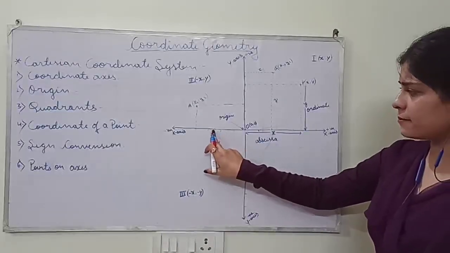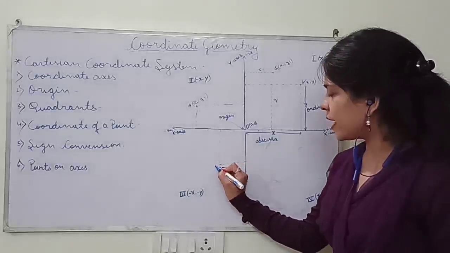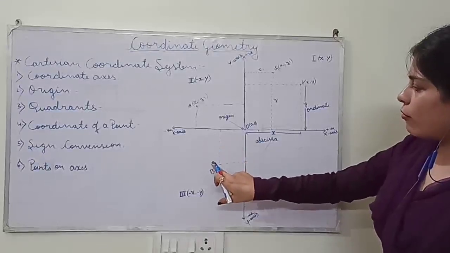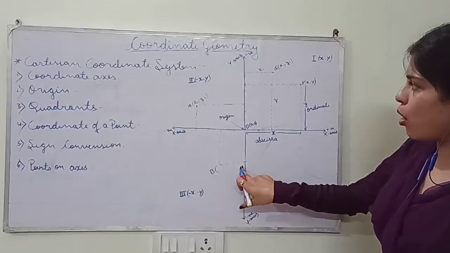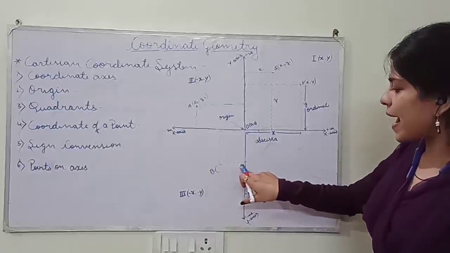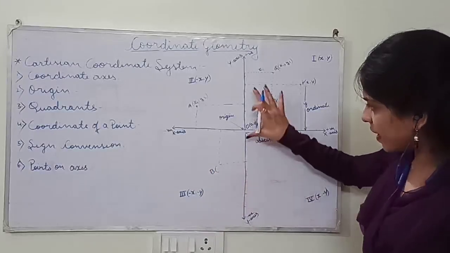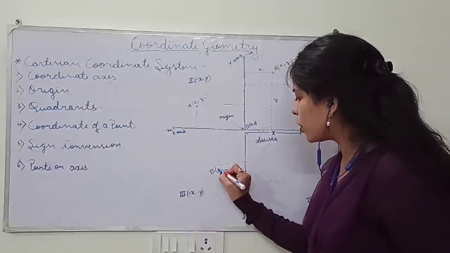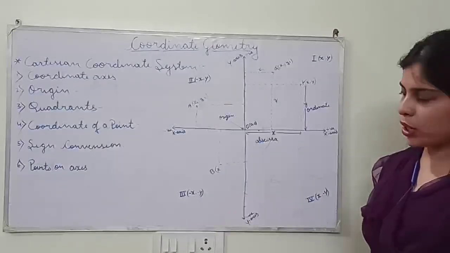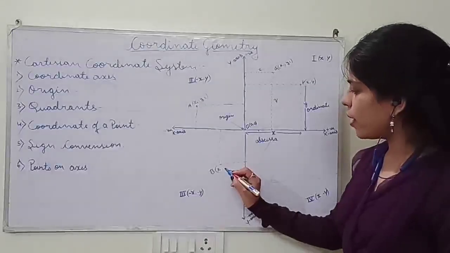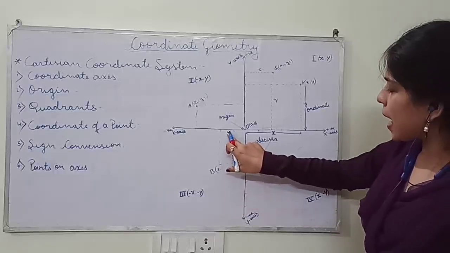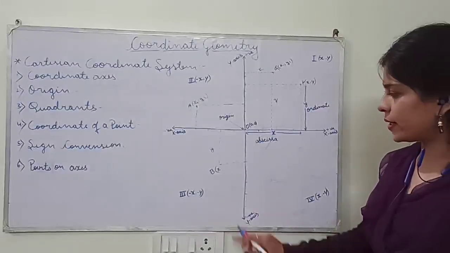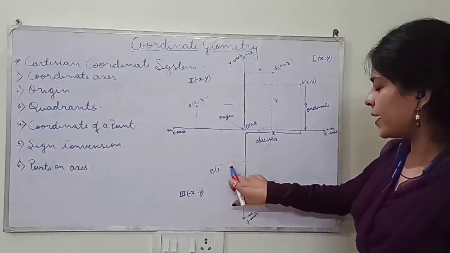This is the x-axis, and this is the y-axis, and name this point as B. The distance of the point from the y-axis is the x coordinate or abscissa, and the perpendicular distance of the point from the x-axis is the y coordinate, or you can say ordinate.